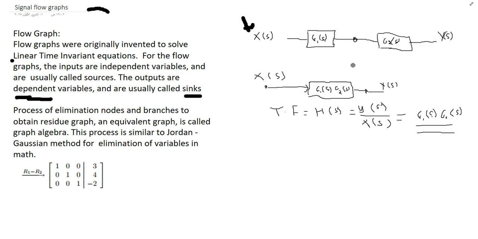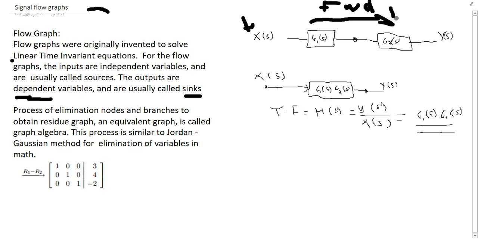If we have this, we call it the forward path, the path from this point to this point. So the process of elimination means we simplify this to this one here, or equivalent to it.